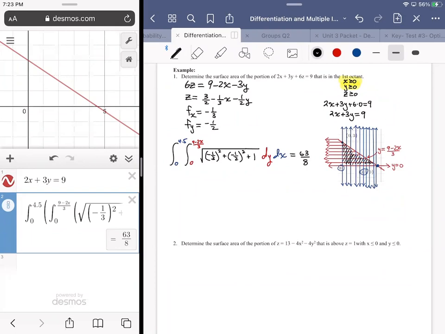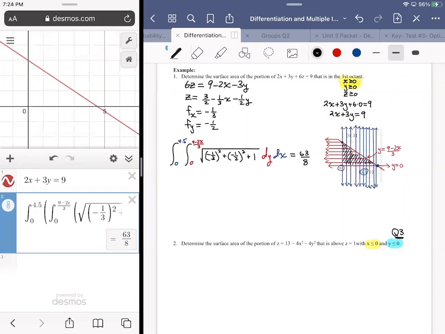That's above z equals 1, but specifically with the bounds x is less than or equal to 0, and y is less than or equal to 0. So in the xy plane, we're looking in the third quadrant. All right, so that's Q3. Keep it in the back of your head.